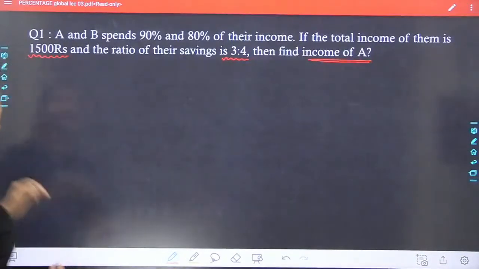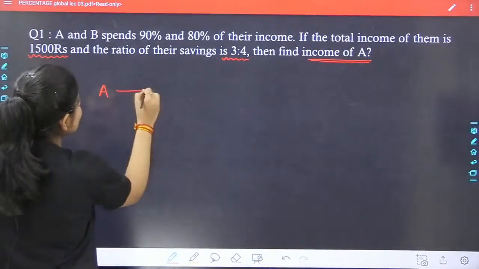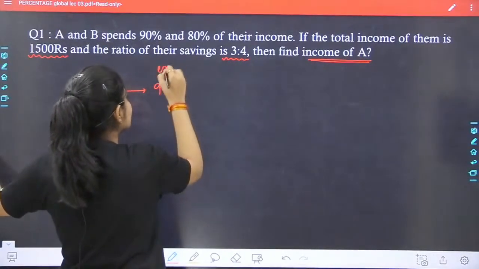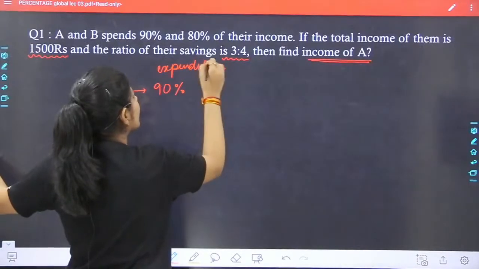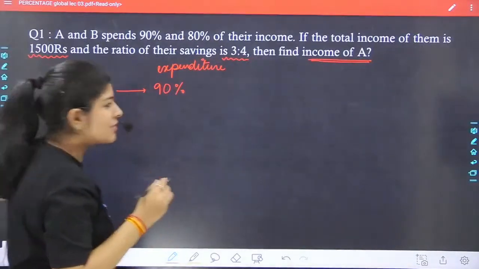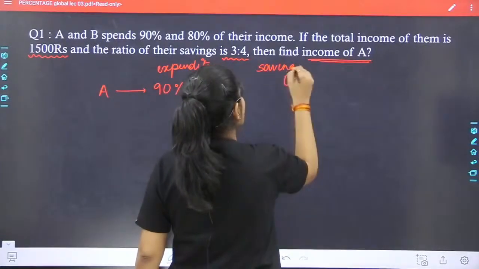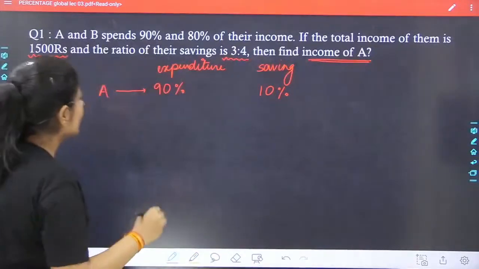Okay, let's start. Here it is given that A spends 90% of his income. That means 90% is the expenditure of A, right? If 90% is expenditure, then he is saving only 10% out of his income, right?